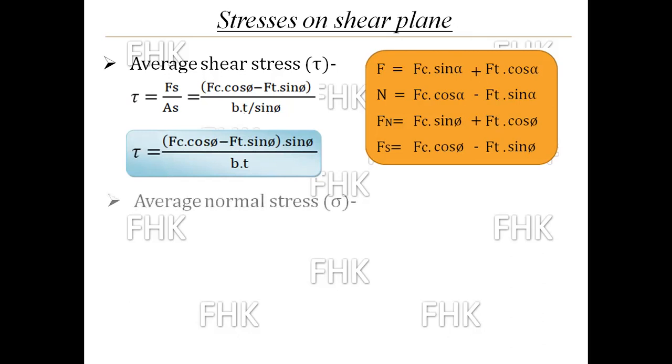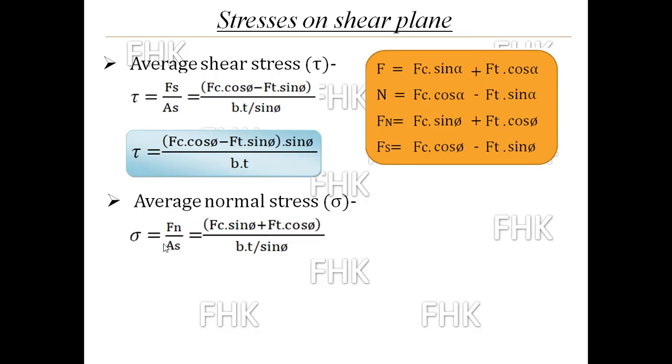Now, the next point is average normal stress. For this you have to consider the force along the normal plane and the area along the normal plane. So the average normal stress is equal to Fn, the force along the normal plane, divided by the area of the shear plane.